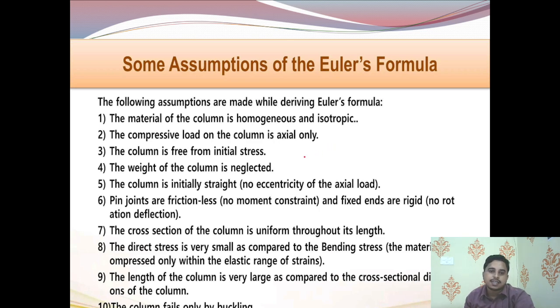Okay, next, here are some assumptions behind Euler's theory or Euler's formula. The column must be homogeneous, the load must be axial only, free from initial stress, the column weight will be neglected, the column should be initially straight with no eccentricity of axial load, pin jointed or frictionless means moments are not restricted there, fixed ends are rigid, so rotational deflection will not be there.